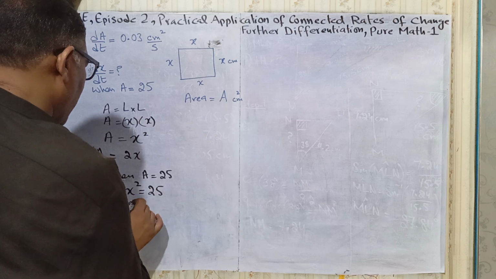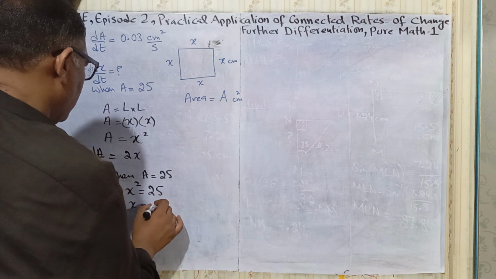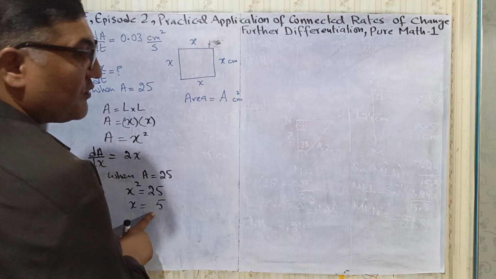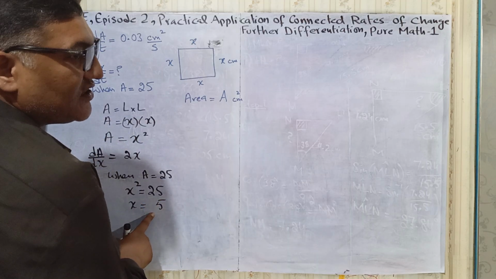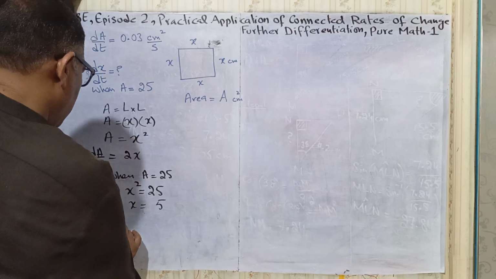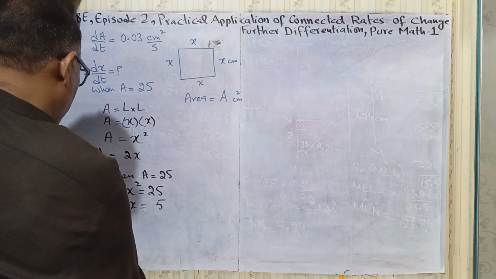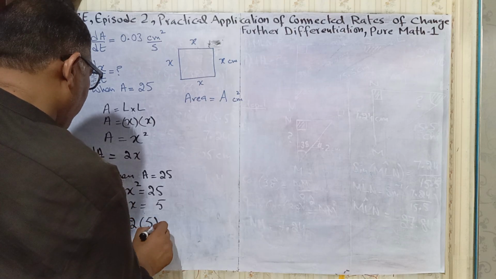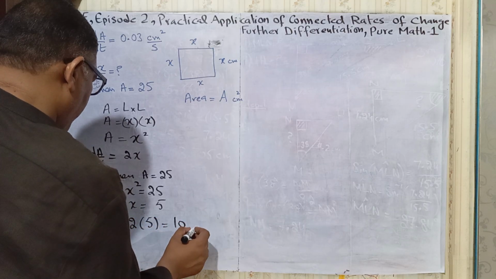A is x squared, so x will be equal to 5. I'm not taking the negative value because x is a side, so it must be positive. So dA by dx, when x is equal to 5, will be equal to 10.